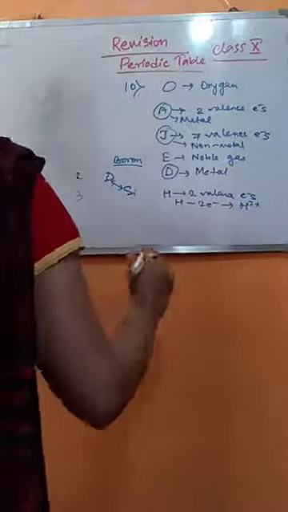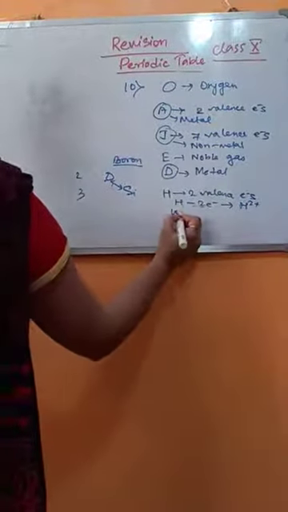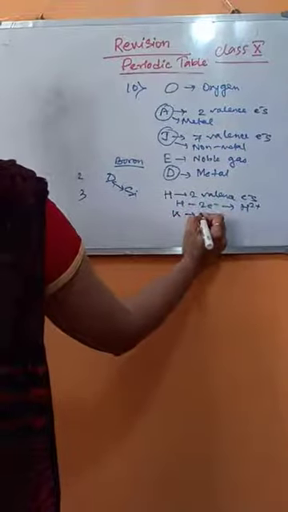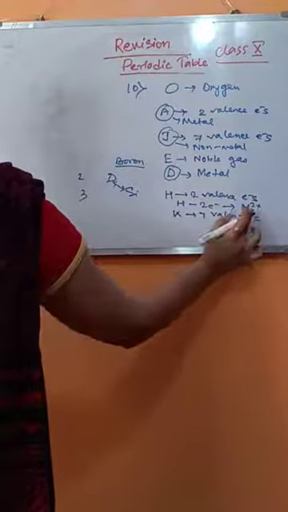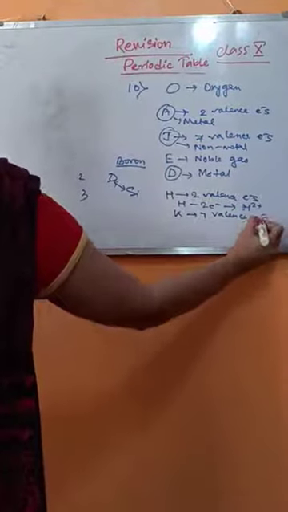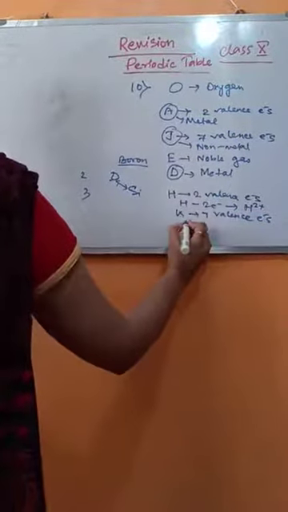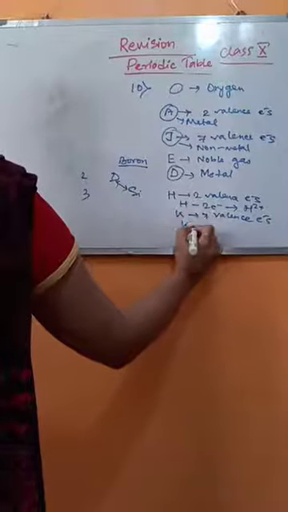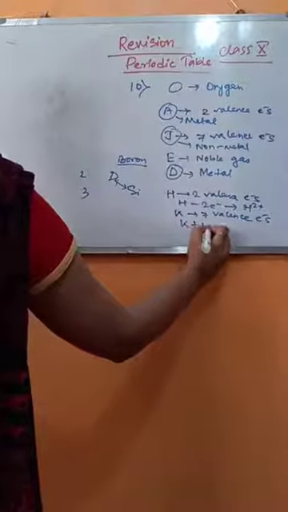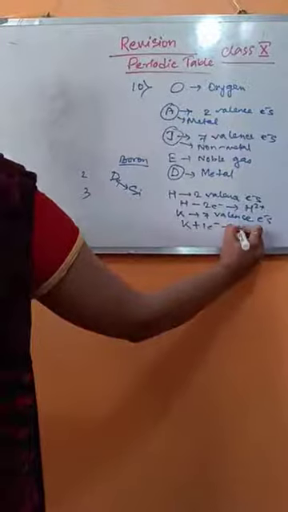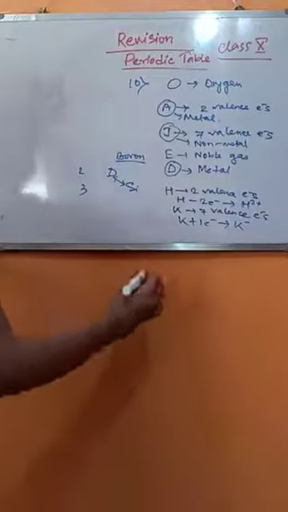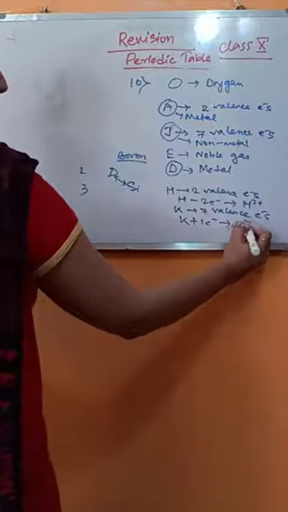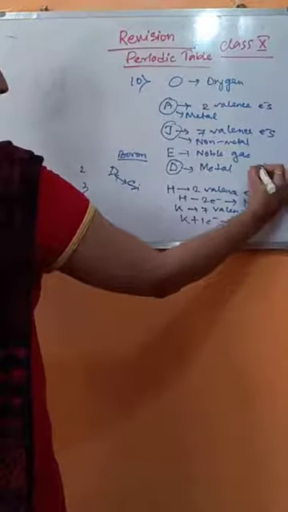Now look at K. K is having 7 valence electrons. So it will easily gain 1 electron to form K minus. So the valency of K is 1 minus here.